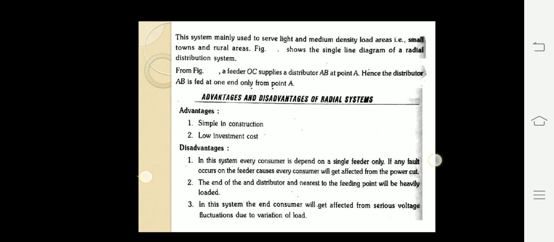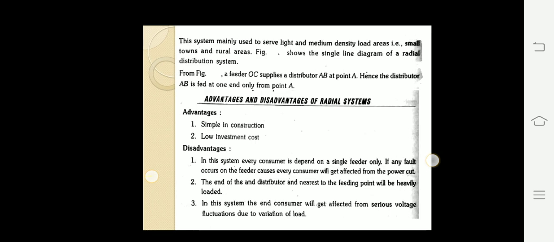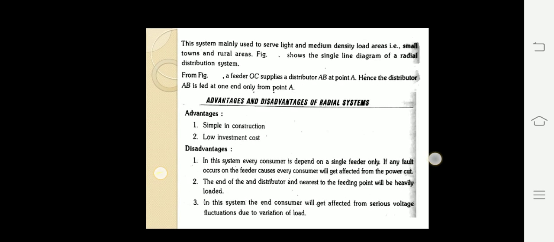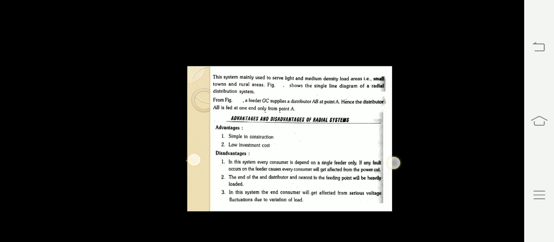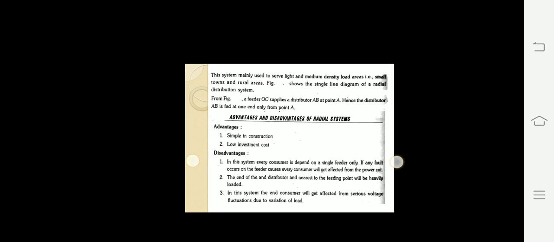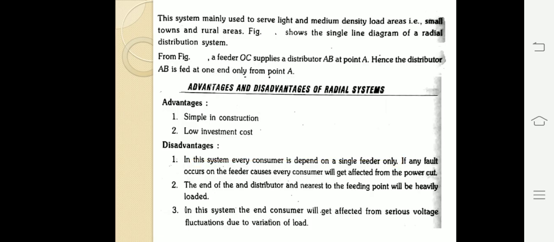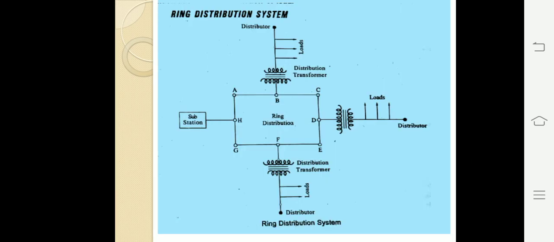The end of the distributor nearest to the feeding point will be heavily loaded. Next, in this system, the end consumer will be affected by serious voltage fluctuation due to the variation of load.